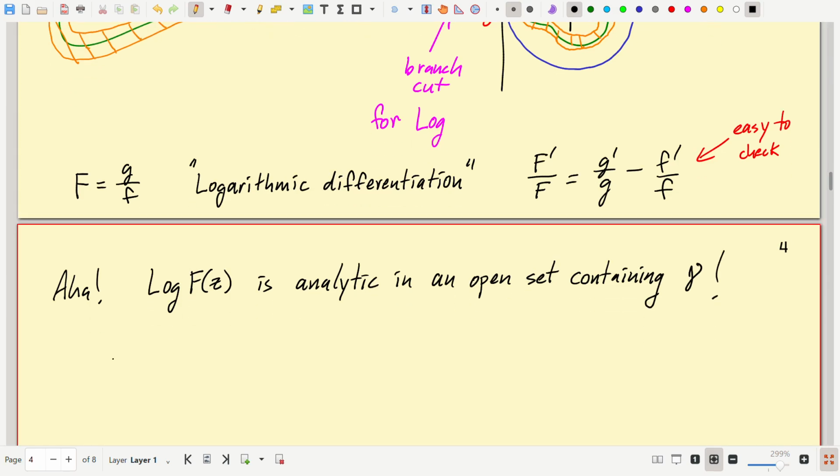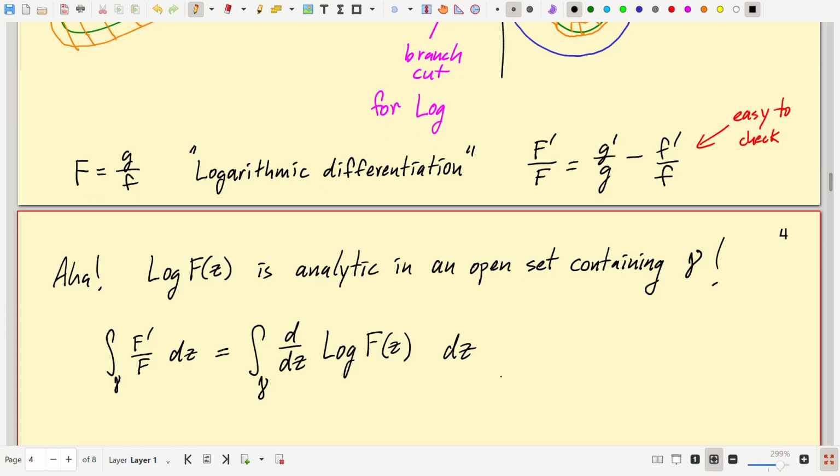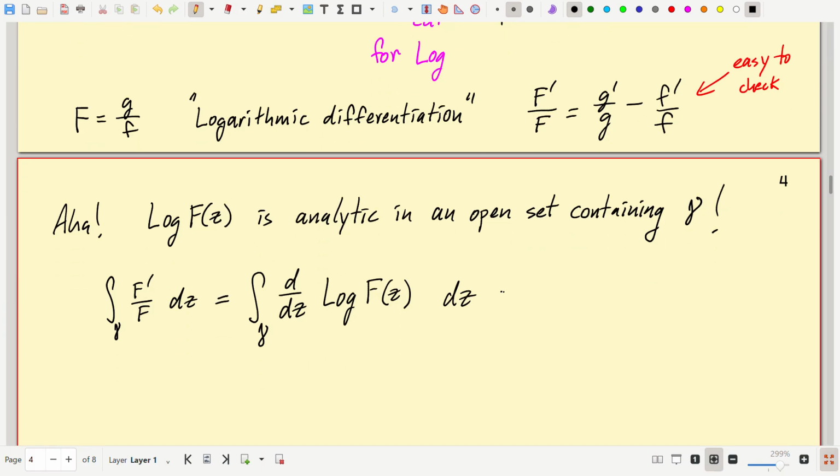Okay, so therefore, let's see, the integral around gamma of F prime over F dz, that would be the integral around gamma of the derivative of the log, d by dz, of the principal branch of log of F of z, dz, and by the fundamental theorem of calculus, that's 0. Because I have a function that's analytic in a neighborhood of that curve.